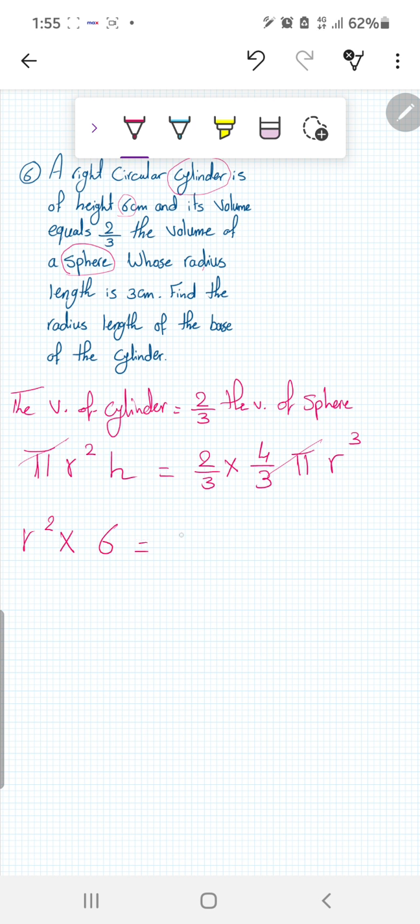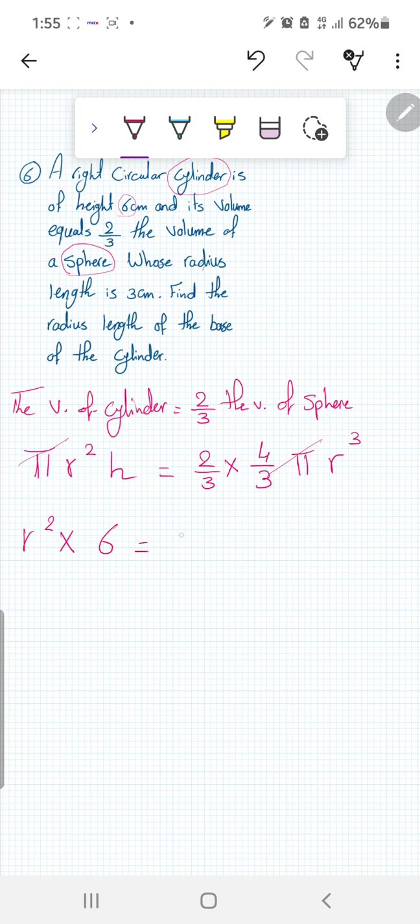Okay, we want to get r squared, so move 6 to the other side by division, so r squared equals 24 divided by 6, therefore r squared equals 4. We want to get the value of r, so take the positive square root of 4, which is 2 centimeter.